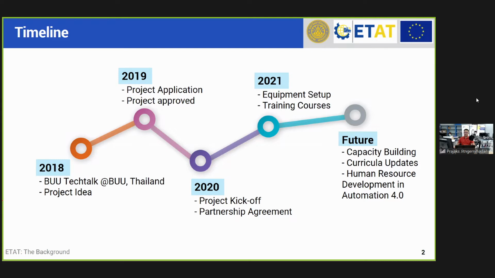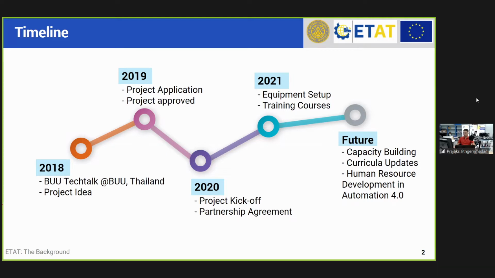And our future is that at the end of the project, we want to get the capacity building for the teachers from the university, of course, and the curricula. We want to update this, and there are a lot of curricula from 6 universities that we want to update.